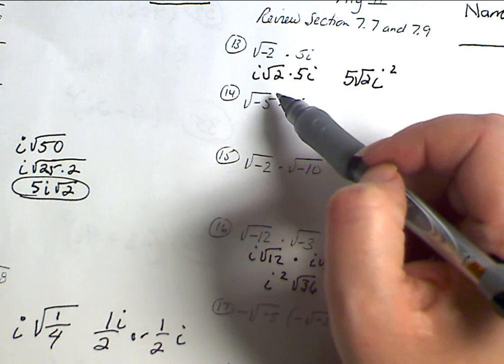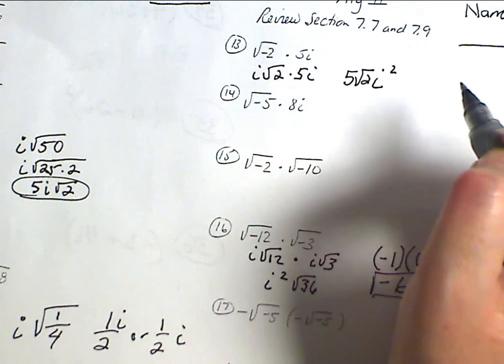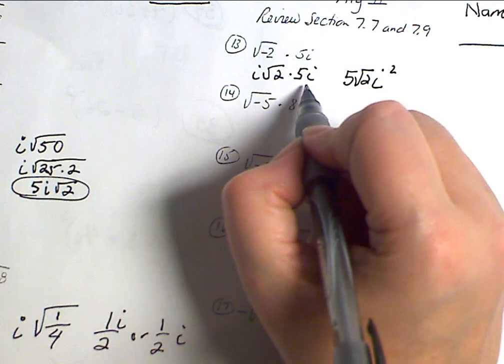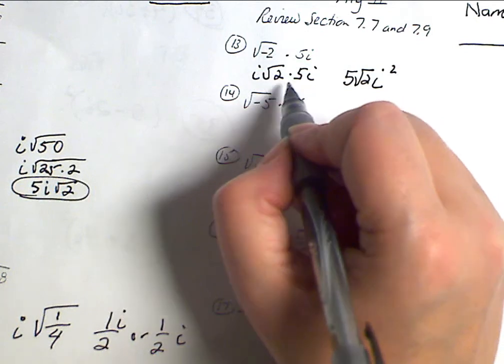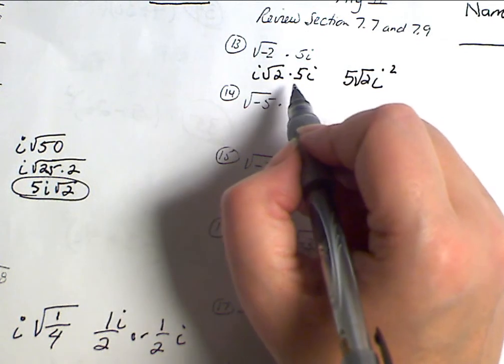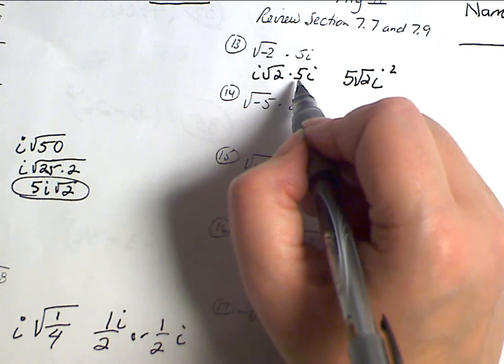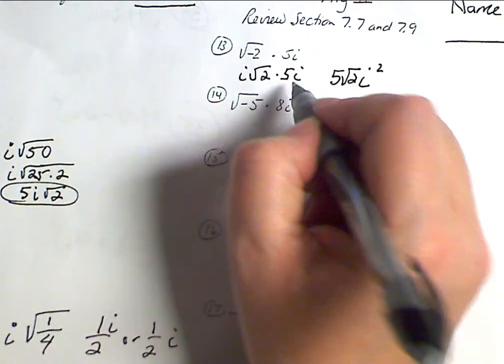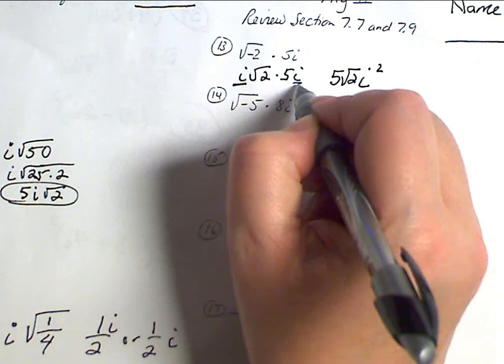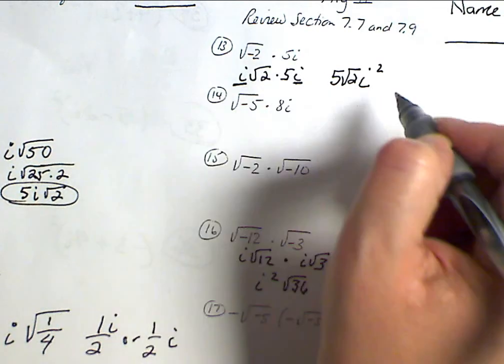Why can't you multiply 5i and the radical? You are multiplying, but the only thing you're doing is multiplying i times i, which is i squared. There's a radical over the 2 though.